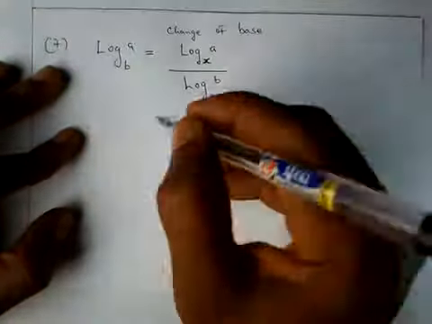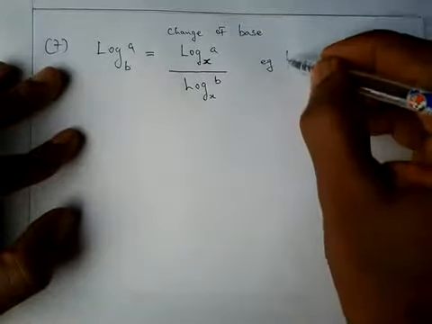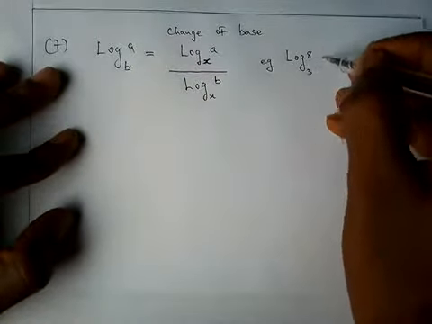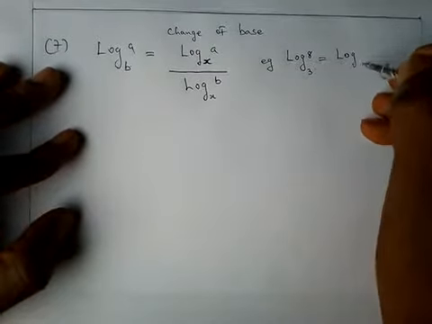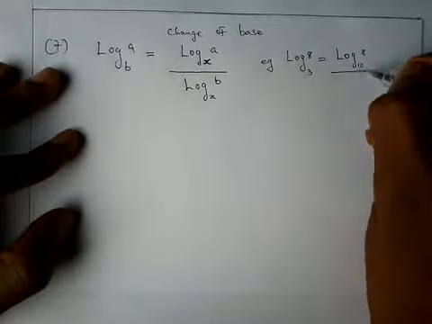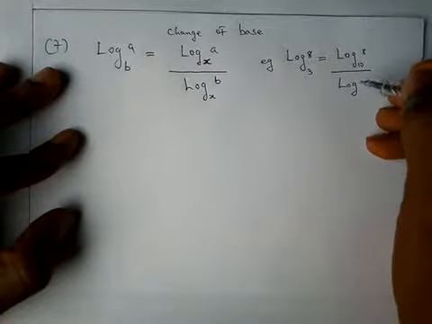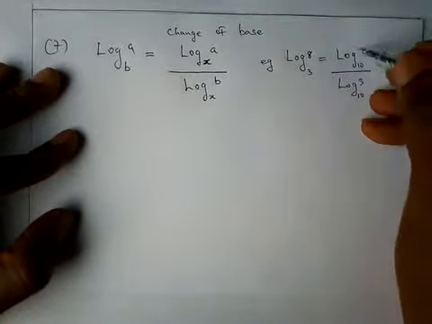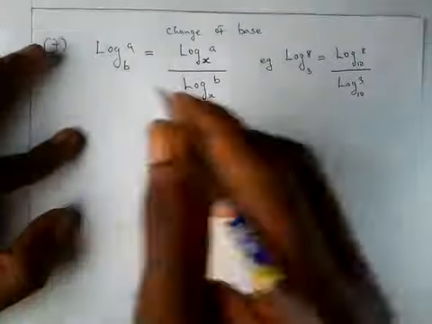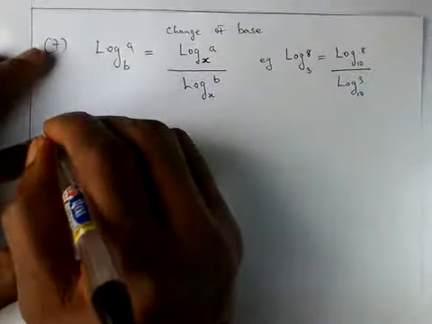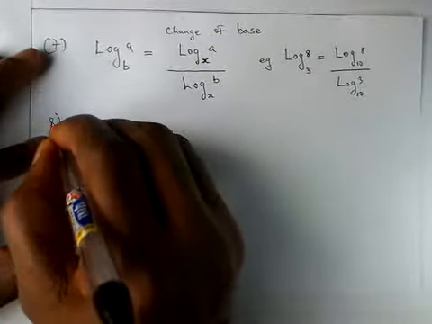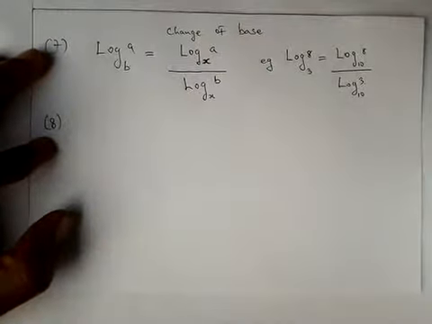Take for instance, if you are told to simplify log 8 to base 3, we can change to base 10: log 8 to base 10 divided by log 3 to base 10. You can easily get that from your 4-figure table. Hope you know in your 4-figure table it's in base 10.